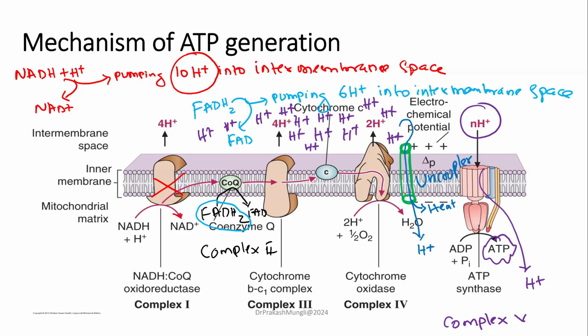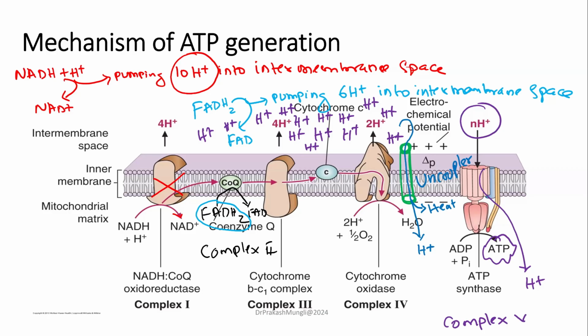Is it possible for FADH2 to be oxidized into FAD and help in pumping of protons from complex 3 and 4? Yeah, why not? If I fall sick and am not able to come to class tomorrow, Dr. Sebastian will come and teach. There is another way to do it.